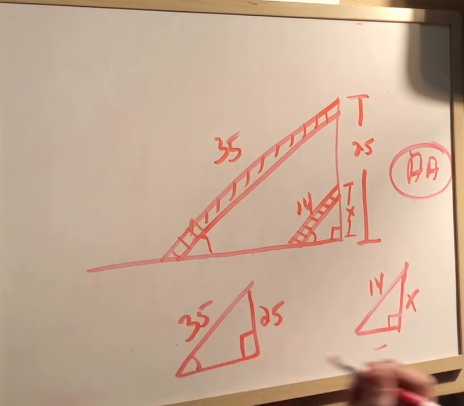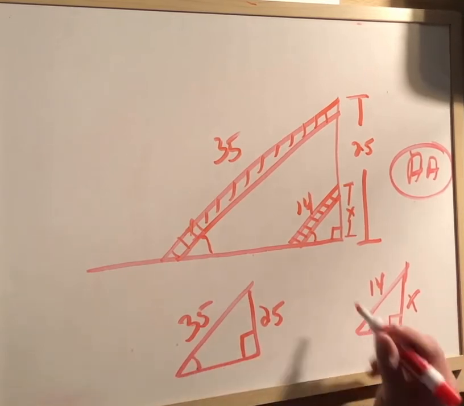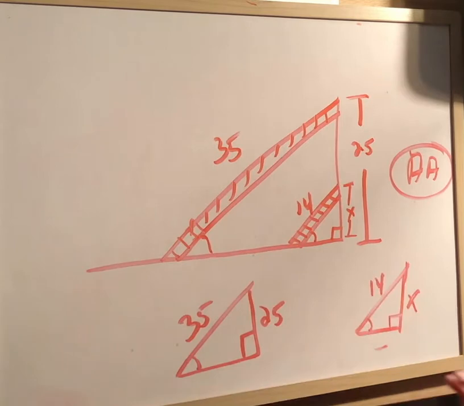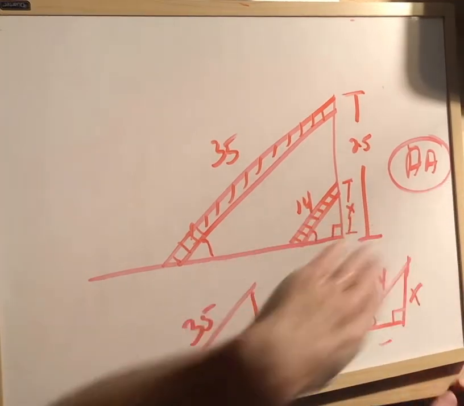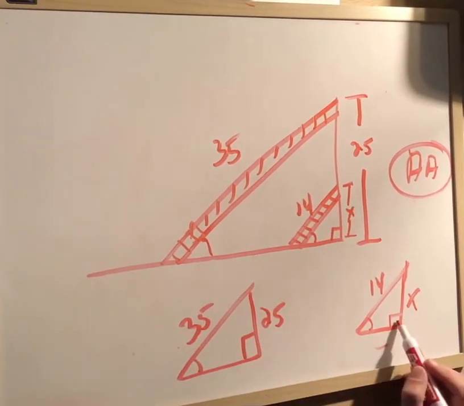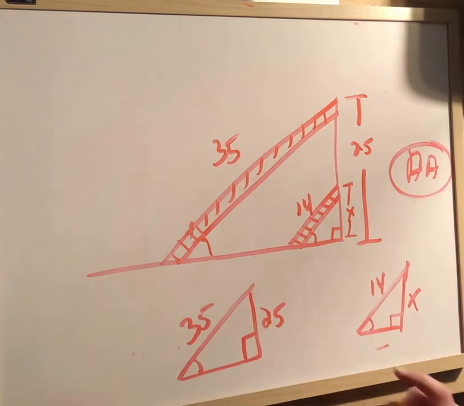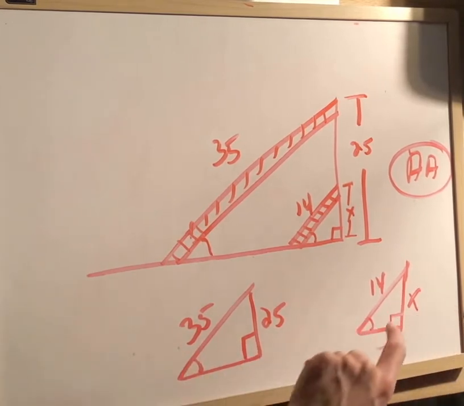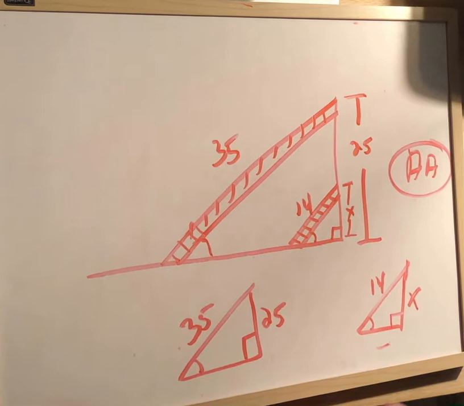This angle is the exact same angle as this because they're resting against the same incline, and they both have this right angle. So angle, angle makes them similar. You can just set it up. 35 over 25 equals 14 over x. Or 35 over 14 equals 25 over x. And then cross multiply to solve.